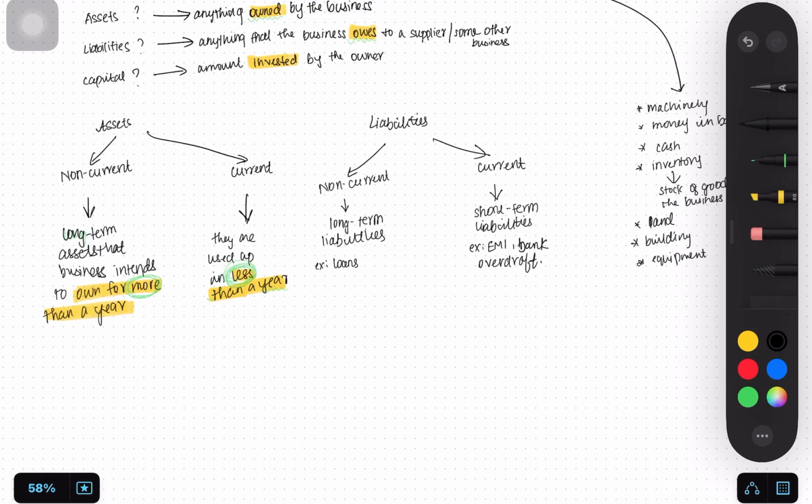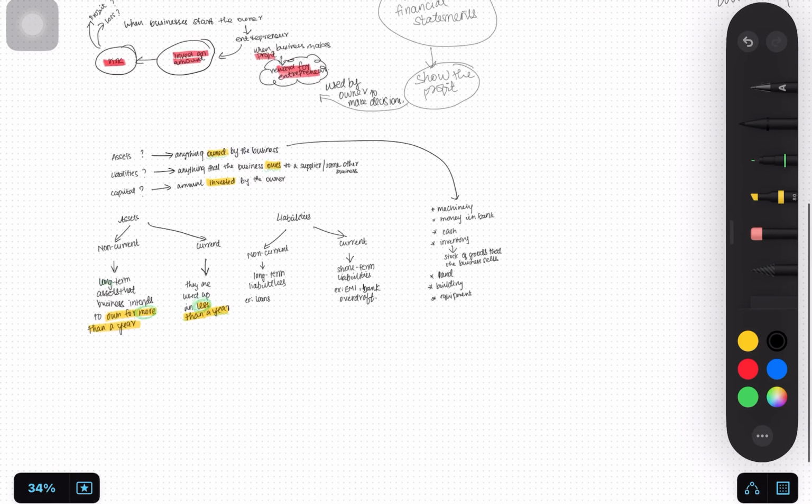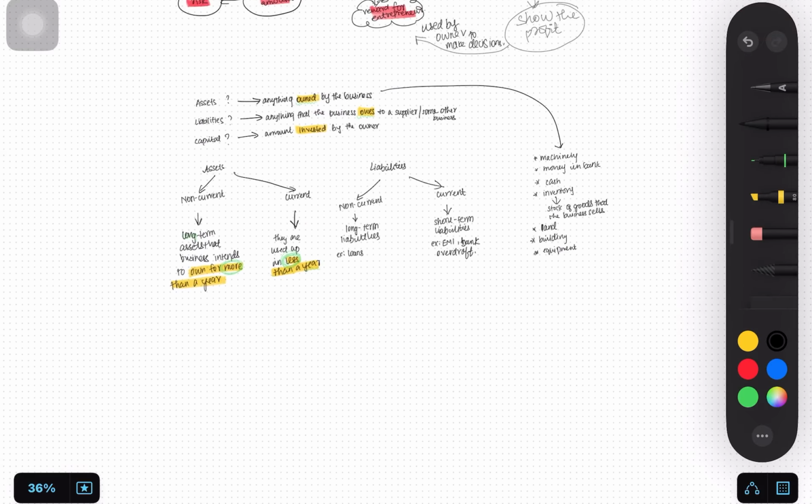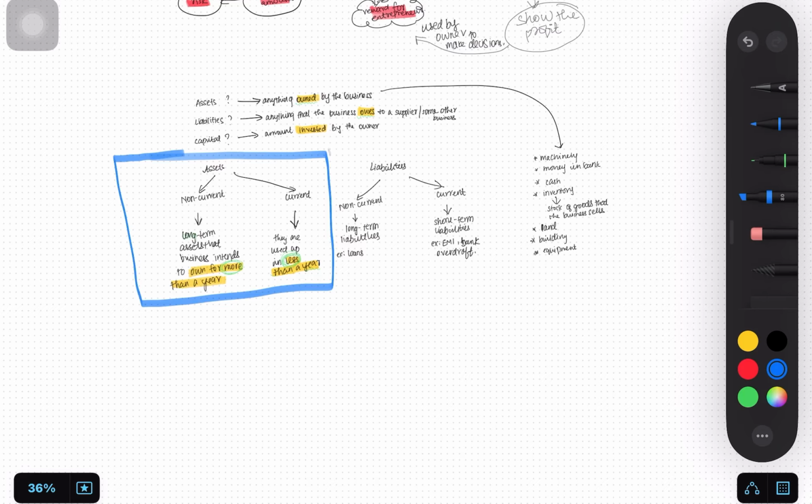Okay, so next, let's move on to capital. We have seen the difference between assets and liabilities.